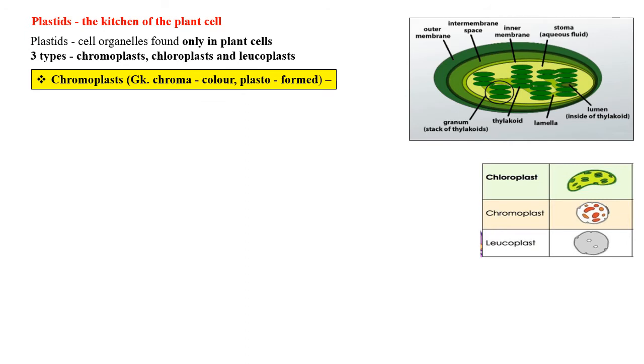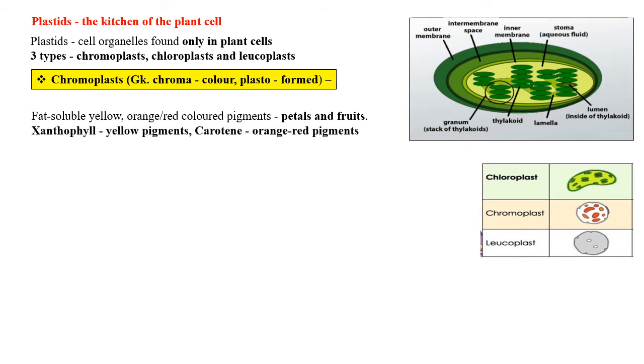They contain fat-soluble yellow, orange, or red-colored pigments. These are mostly present in petals and fruits. These provide color to flowers and fruits. These contain the following coloring pigments: xanthophyll, yellow-colored pigments; carotene, orange-red pigments.